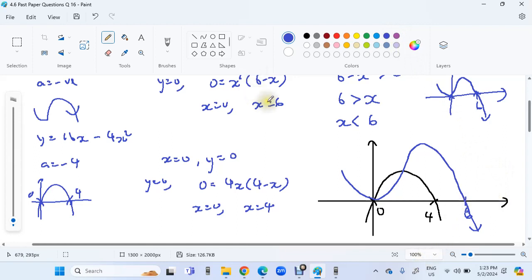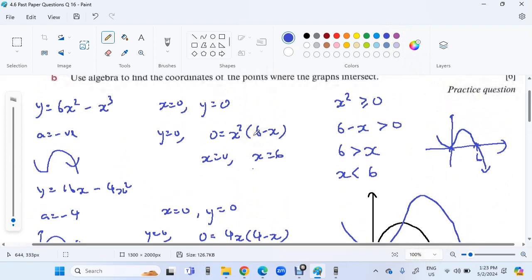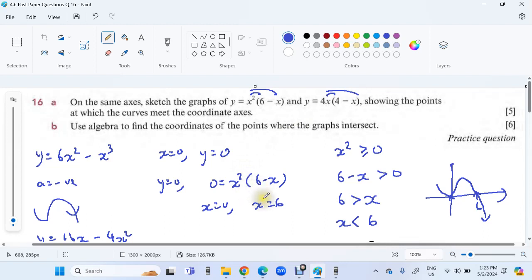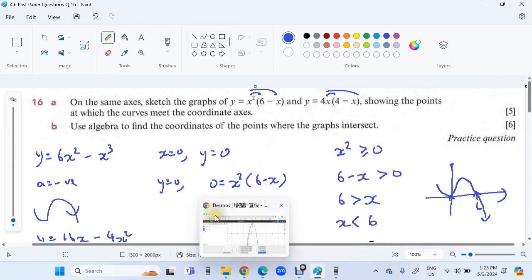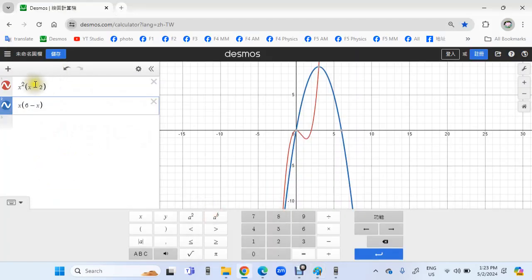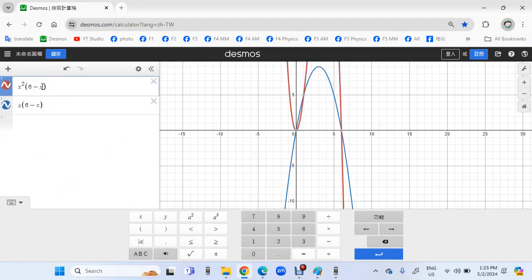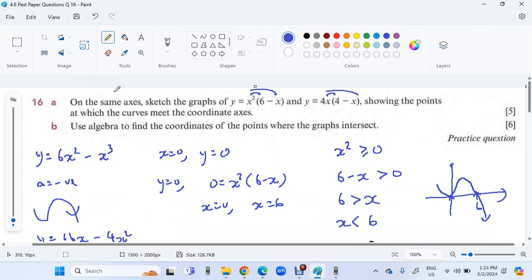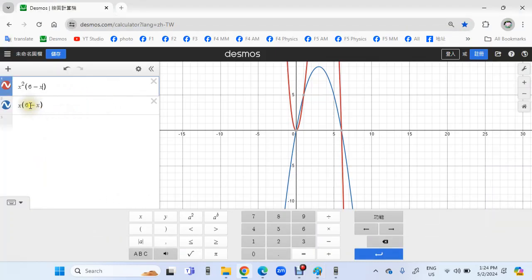We can use Desmos to check the answer. So we have x squared times 6 minus x, and then we have 4x times 4 minus x.